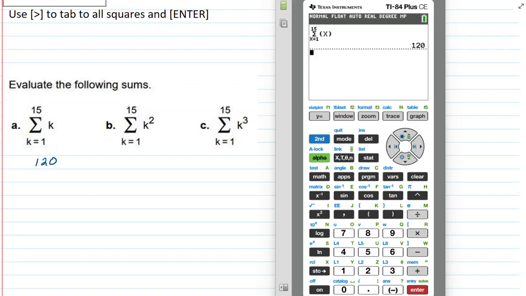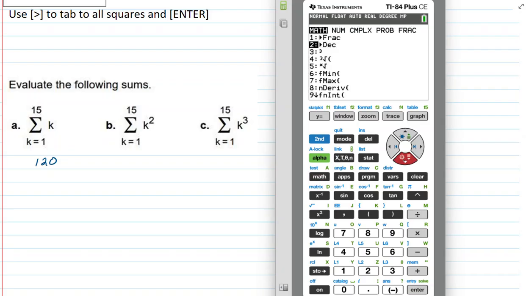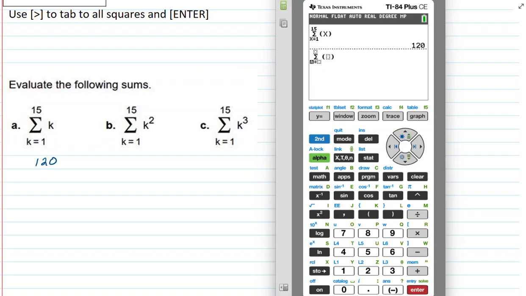Well, we're going to hit that key again, and we're going to do the other one. And we're looking for the beauty of the mathematics, and I'm not doing the k, I'm doing the x. Sorry, I hit enter. Sorry. I'm going to put the 1, and then I'm going to put the 15, and then I'm going to put x squared.